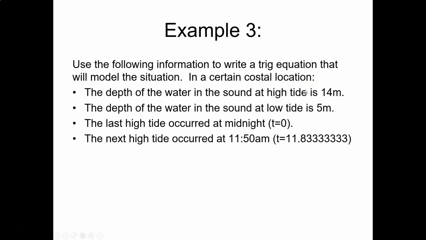So one thing you could try, and I'm going to show you that it doesn't really work, is you do know low tide and you know high tide and you know when they occurred, right? So you may think to yourself, well, maybe I should just put this into Desmos, right?